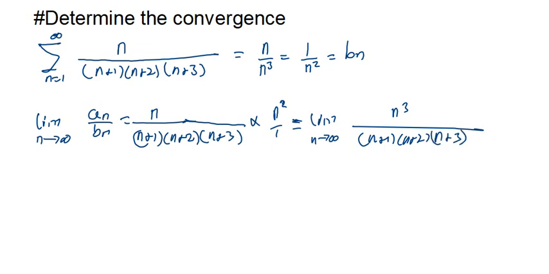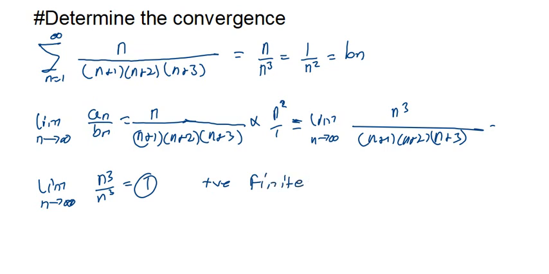So even at this point, I'm not going to bother much about what I have on the denominator except the highest power. And the highest power that I'm having is what? It's my n to the power 3. So I'm just going to say the limit as n approaches infinity of n to the power 3 divided by n to the power 3. That gives me what? That gives me a 1. So now, the value that we find after dividing a sub n by b sub n, if the value is positive and it is finite, then whatever happens to b of n also happens to what? To a of n. So remember, we found that our b sub n converges.